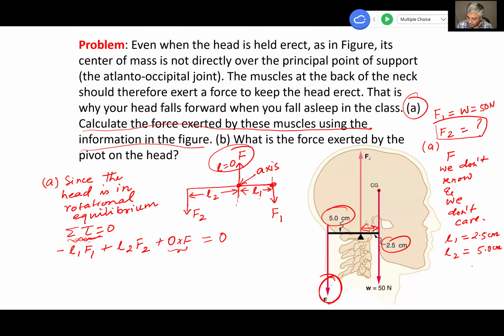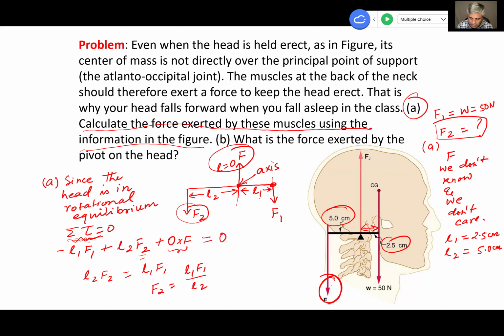So now I'm looking for F2. Let's move this term to the other side. So it's L2 F2 equals L1 F1. This term is negative on this side, so when it goes to the other side, it becomes positive. That's why F2 is L1 F1 over L2.